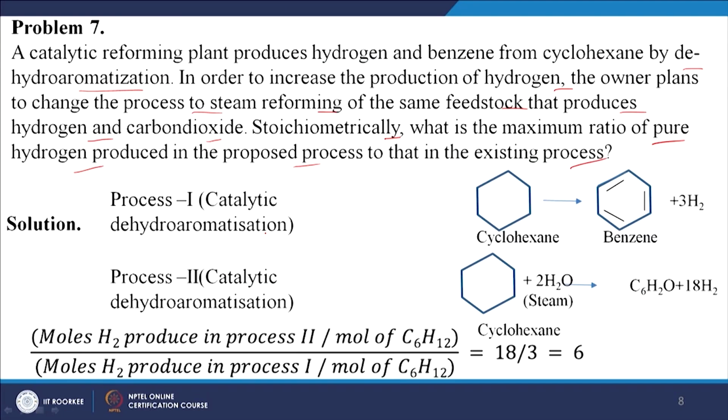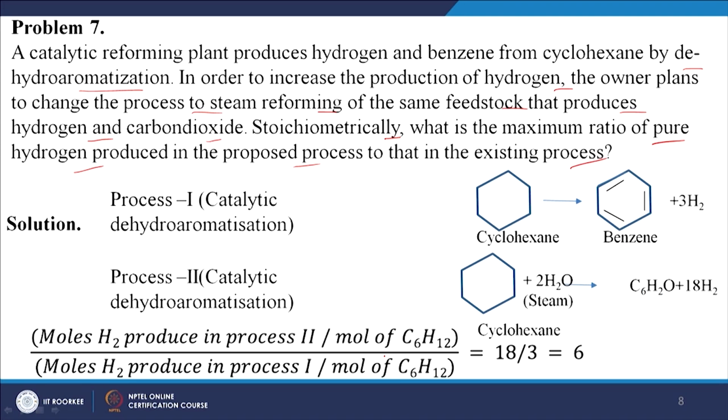So, what do we have to do in this problem? We have to see what will be the ratio of hydrogen production of the proposed process and the existing process. Existing process is dehydroaromatization and proposed is steam reforming.